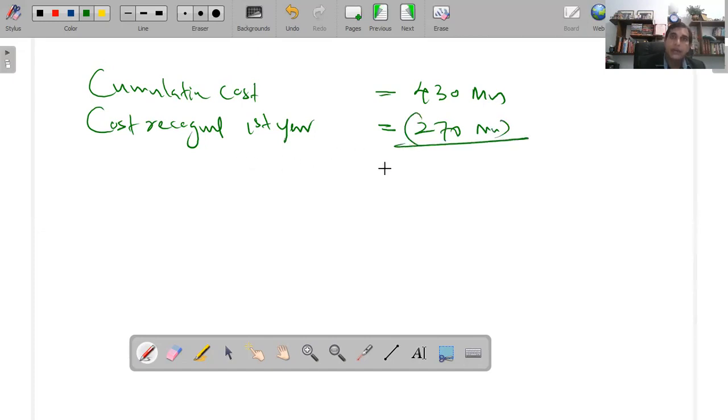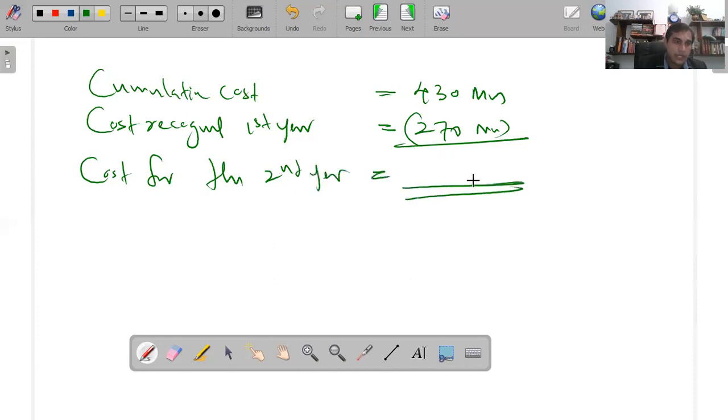Then you can recognize the cost for the second year. What is the answer? Cost for the second year? 430 minus 270, 160 million. So this is the cost for the second year. Please write down this one.